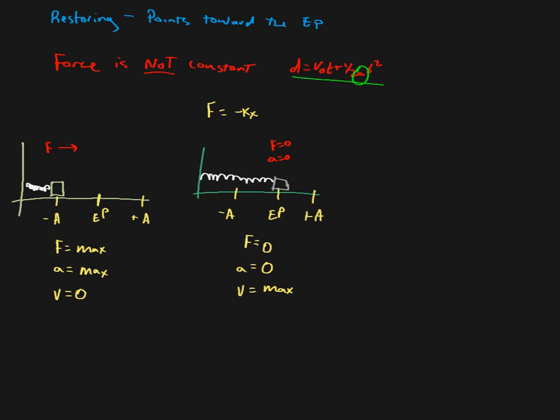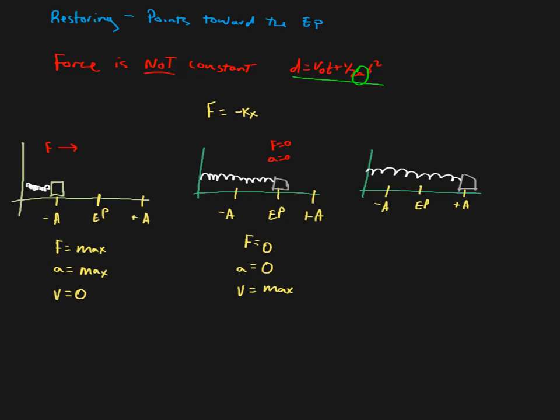And then finally, we have the block being all the way out here at the positive amplitude. There's the equilibrium position and minus the amplitude. Okay, so the block is located right here, and our spring is now stretched out as much as it was compressed.